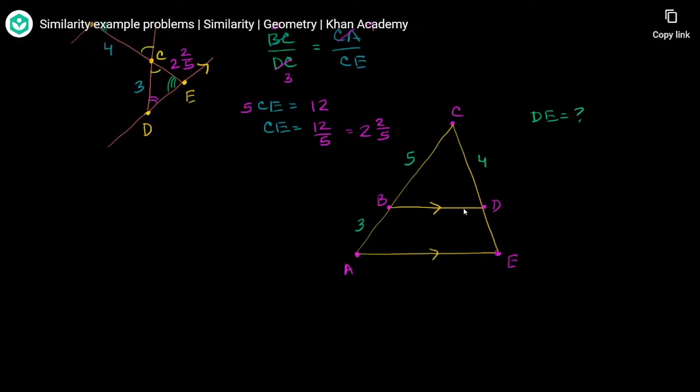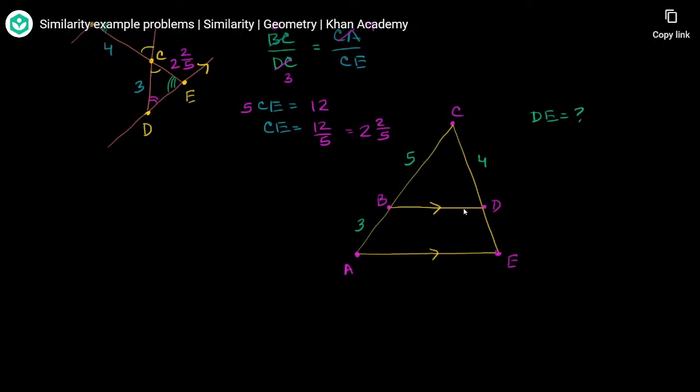So first of all we have BA. We have CBD and angle triangle CBD and CAE. So we go 5, 4, 3, right?